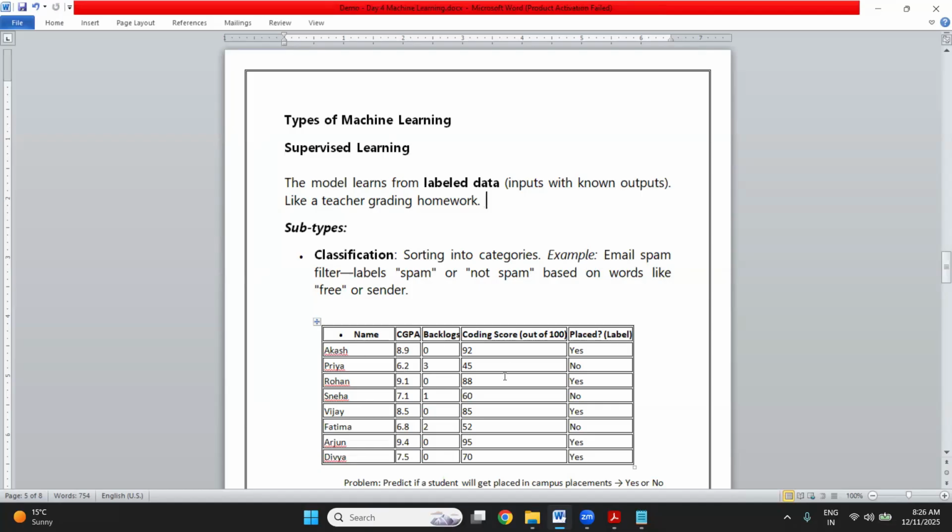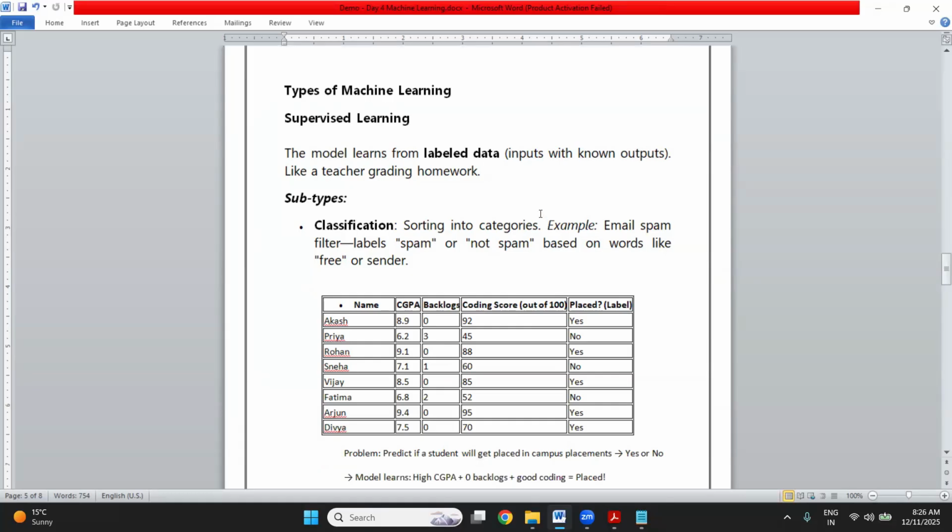The data will be clear. There will be certain clear parameters depending on which the machine learning algorithm will easily understand the pattern and predict the output. Generally, supervised learning gives an output between two things, kind of boolean: true or false, yes or no, good or bad.